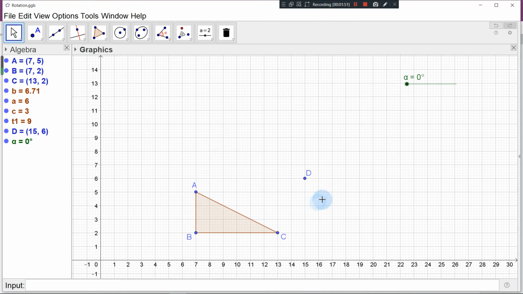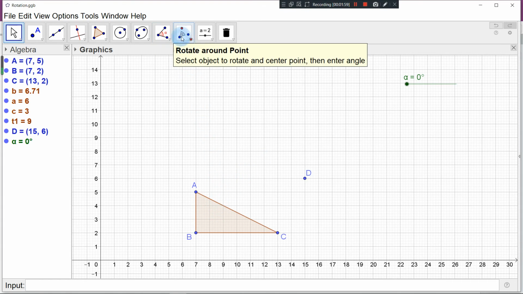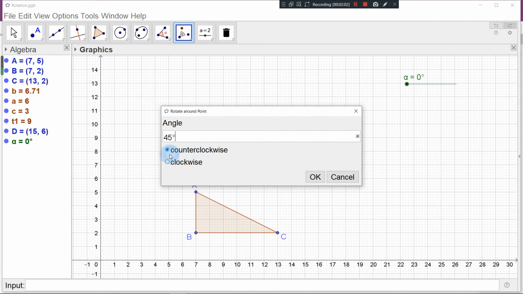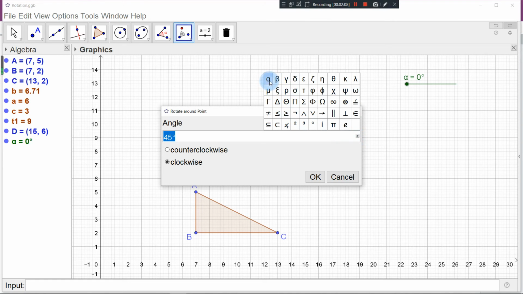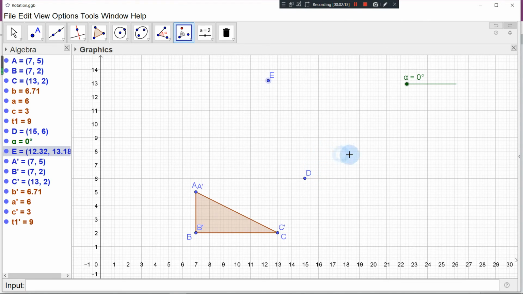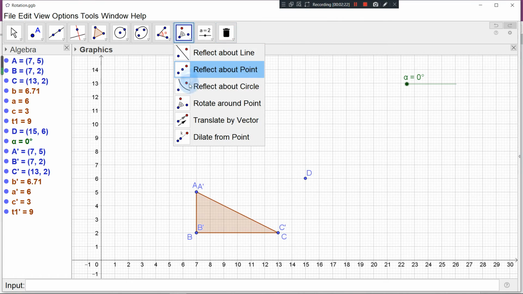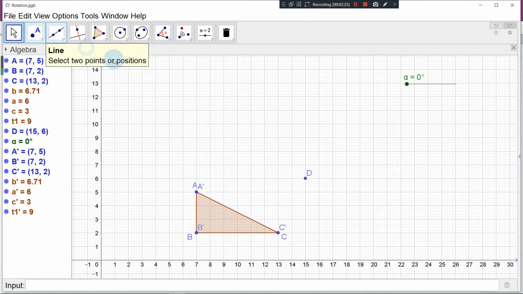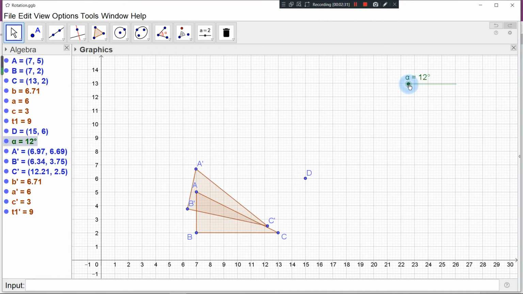Now I have a triangle over here, and this is the center of rotation, and this is the angle of rotation. I'm going to rotate this triangle clockwise.